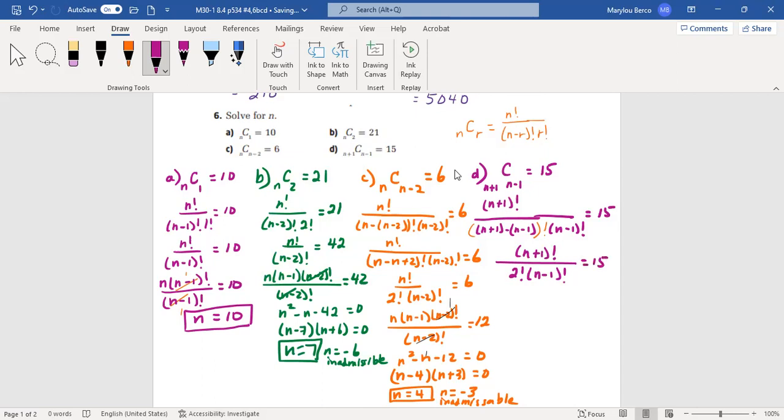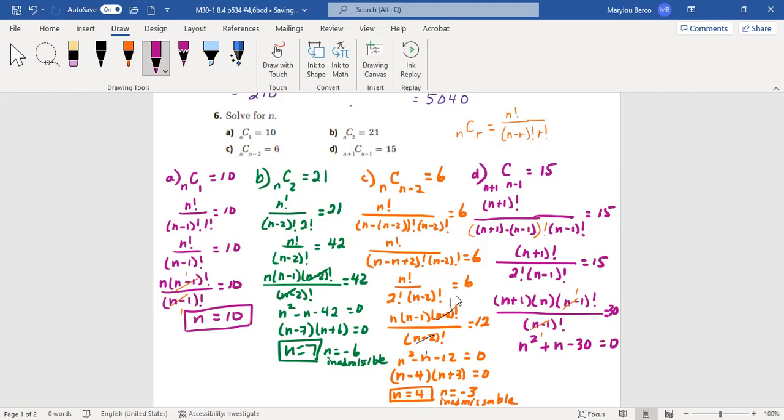So again, we're going to expand the larger, and we have n plus 1 by n plus 0, which is just n, by n minus 1 factorial over n minus 1 factorial equals 30, which is 15 by 2 factorial. Well, beauty of this is these two cancel out, and we end up with n squared plus n minus 30 equals 0.